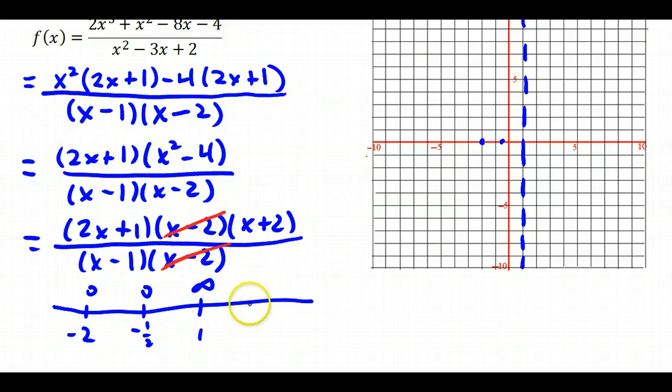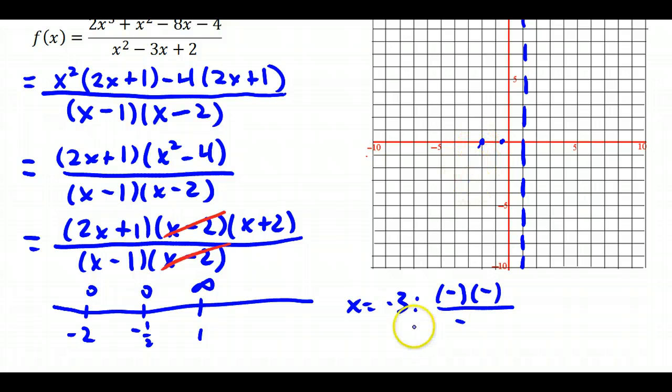So if I pick a point to the left of negative 2, say negative 3, then this factor will be negative, and this factor will be negative, and this factor will be negative. So it looks like everything is going to be negative down here.